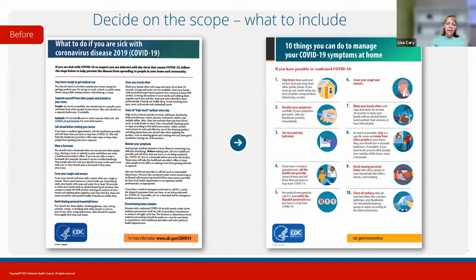It gives the same information, but they left out some of the detail and they added the visuals. So why do you think the CDC created these two different versions? Who do you think they were aimed at, and which one would you rather read?